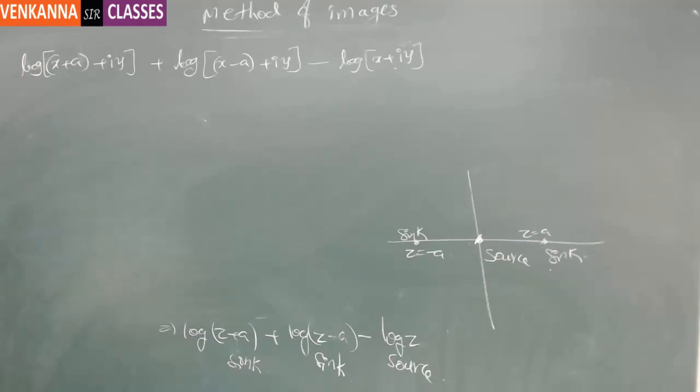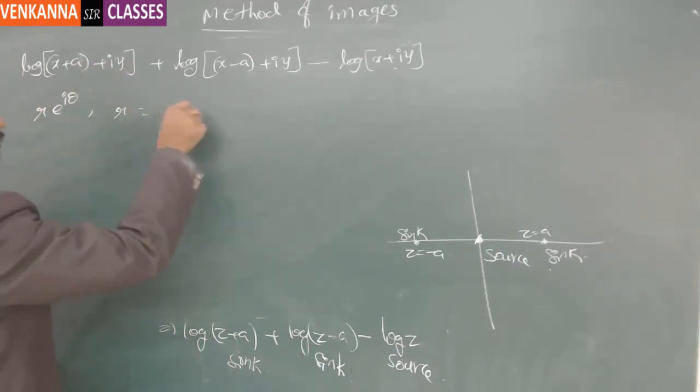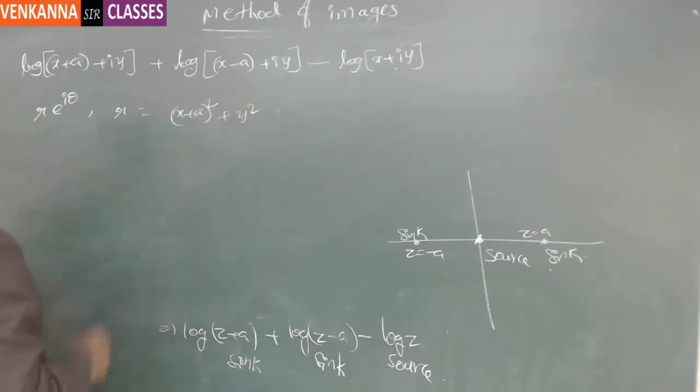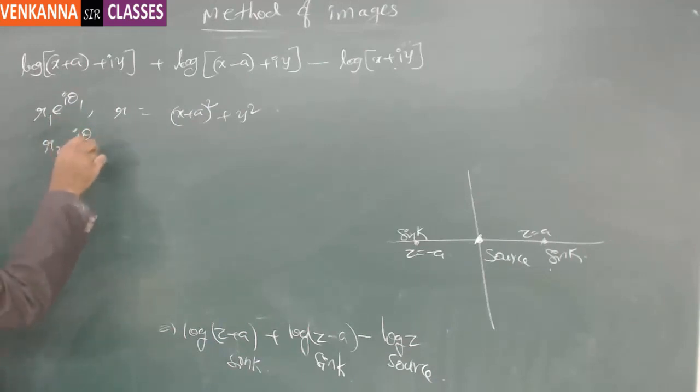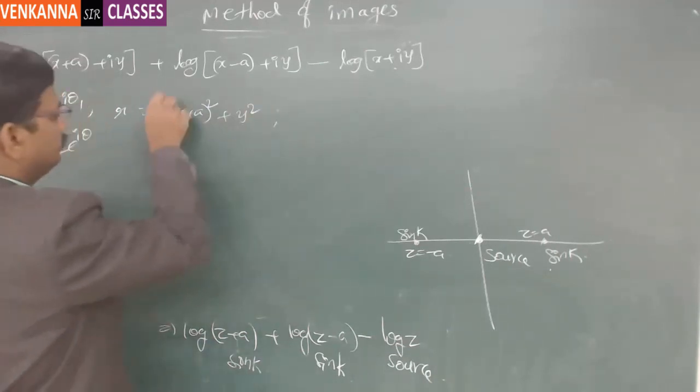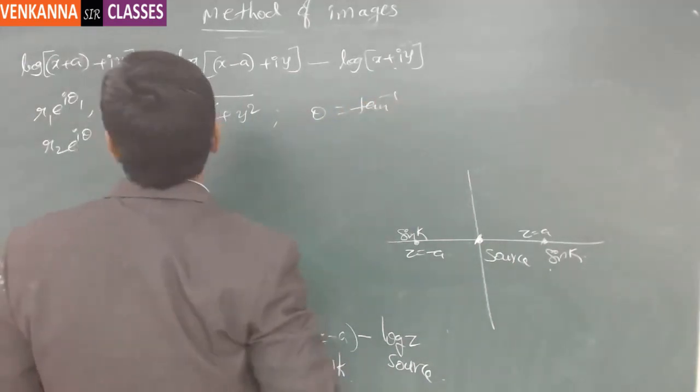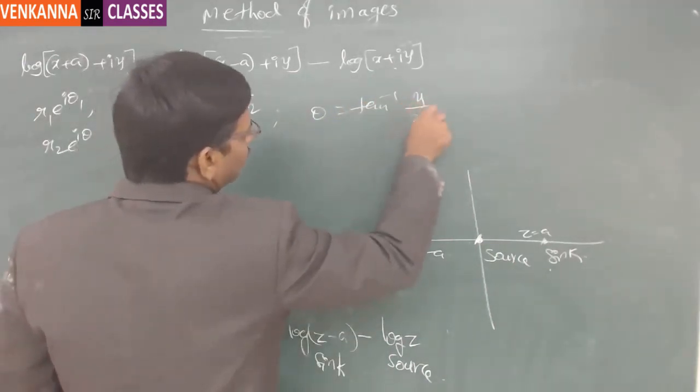Now here this will be in r e power i theta format if you write it. So r is equal to, for this one, x plus a whole square plus y square. So I call this r1 e power i theta 1. And then for this, r2 e power i theta 2. Theta is equal to tan inverse of y by x plus a.